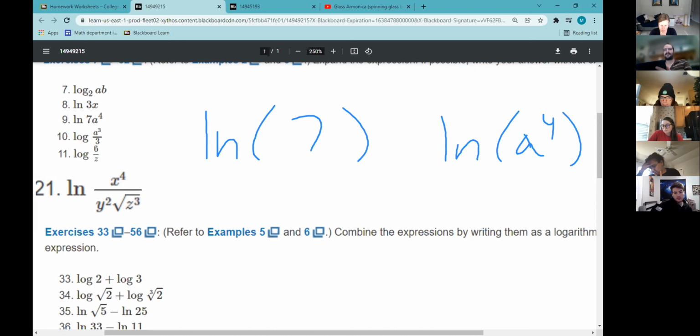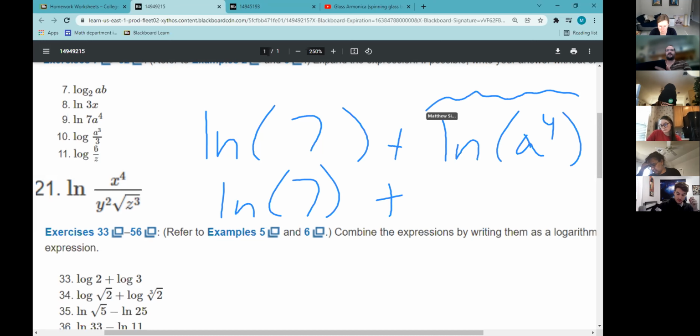If you're multiplying, it's like a step behind. So if we're multiplying like bases, what do we do with the exponents? Add them. Yeah, so these are added. LN of 7 is just LN of 7. This is the thing that I have to use that other property on. So if we have something raised to a power inside my log, what can I do with that thing?